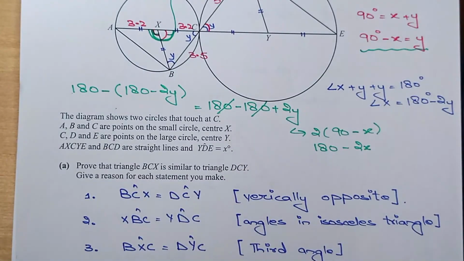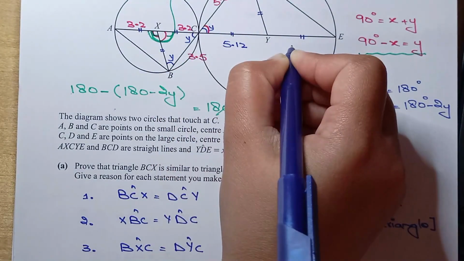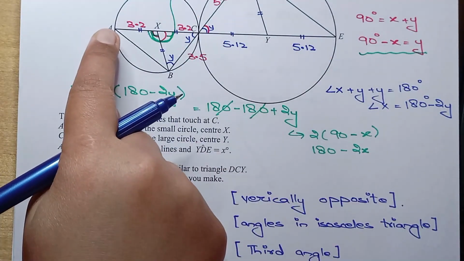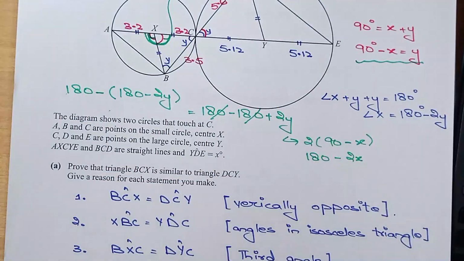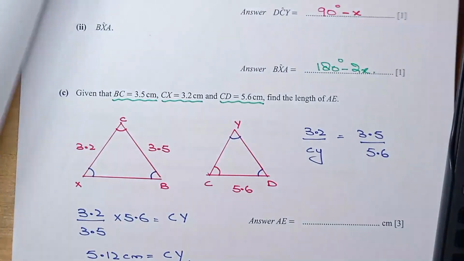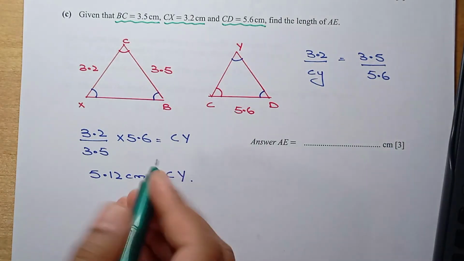Since CY is 5.12, YE is also 5.12. Now we can easily find AE.